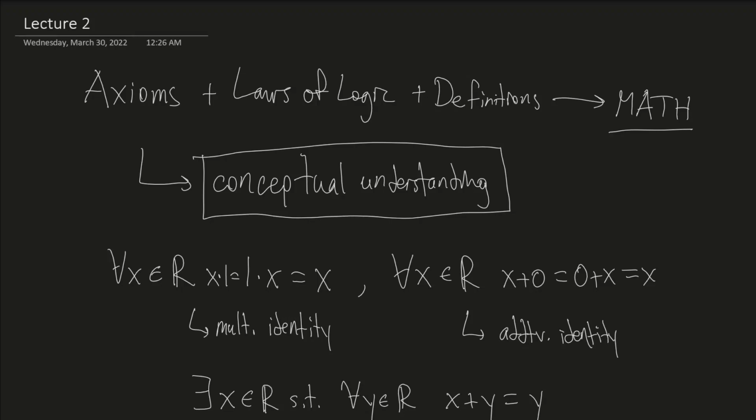Okay, so the question is, how do we actually take a set of established true statements and generate new true statements from that? And so this is where the laws of logic play their role. Laws of logic also are statements that we have to assume to be true, but they're relatively intuitive. So primarily they say that statements can only be true or false. So there's no third nebulous option.